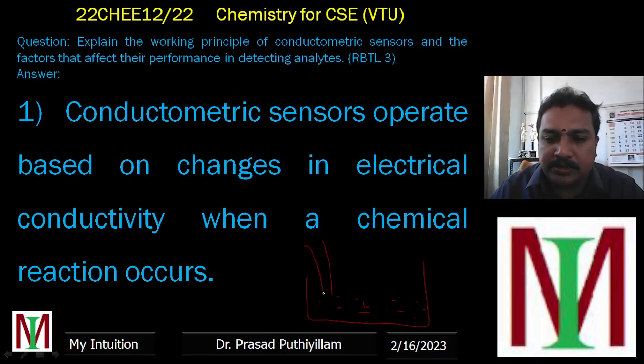I'm showing this as a burette. Some other chemical is taken there and added to this solution. When another chemical is added to the solution, if they are reacting, there will be a changing concentration of ions, or new ions introduced after the reaction. That can be measured by using two electrodes, two conductive plates connected to a voltmeter.